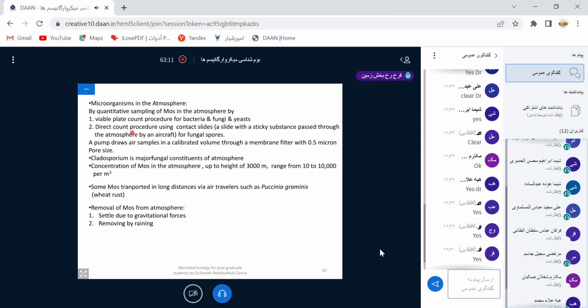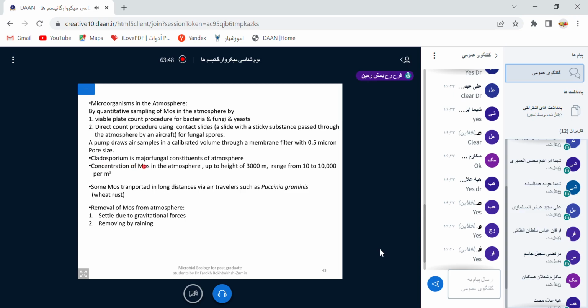Another way is the direct contact procedure using a contact slide: a slide with sticky substances passed through the atmosphere by an aircraft for fungal spores. We can also use a pump that draws air samples in a calibrated volume through a membrane filter with 0.5 micron pore size.